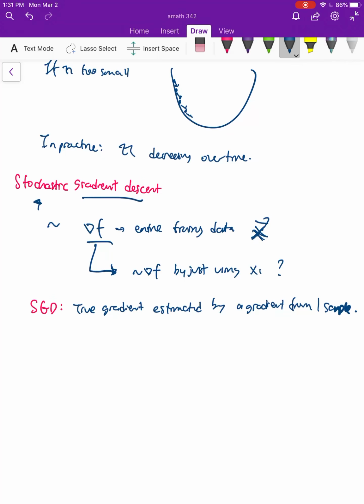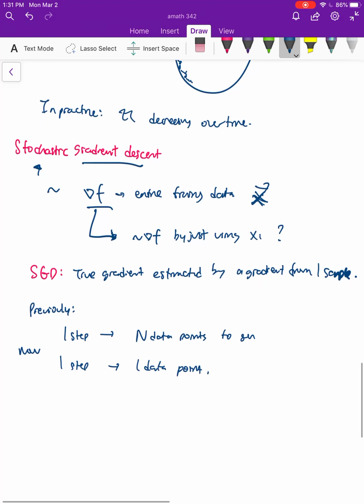That means previously one step required all n data points to generate a step. Well, that's redundant. But now, with stochastic gradient descent, one step just requires one data point.